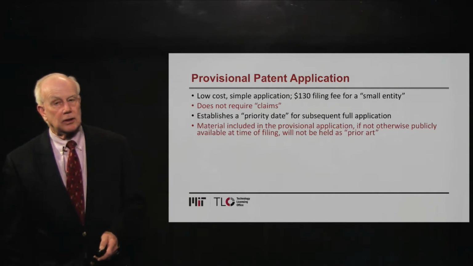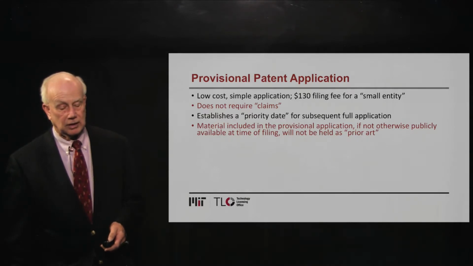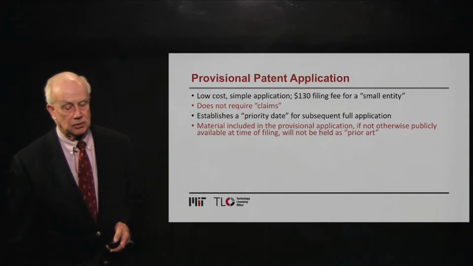The material included in a provisional patent application doesn't see the light of day at all until or unless there is a subsequent filing of a full utility patent application.